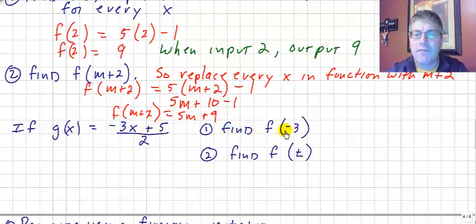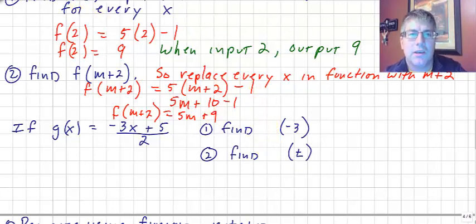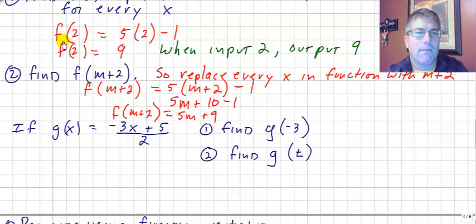So we want to find f of negative 3. Oops, I have a mistake. We don't want to find f of negative 3. We want to find g of negative 3 and g of t, because our function's name is g. So let me correct that. So now we're in good shape.